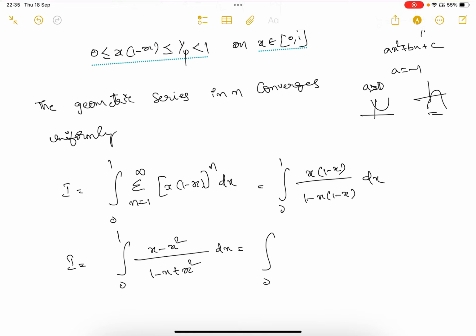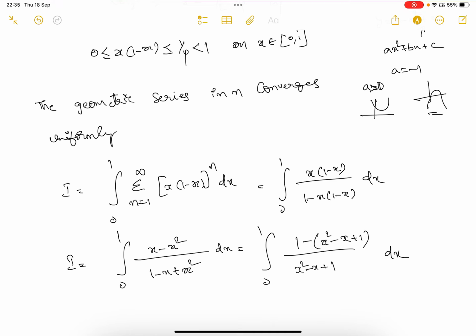This can be written as integral 0 to 1. The denominator part is x square minus x plus 1. So let's try to write the numerator in this form, which is minus of x square minus x, if you are adding plus 1 here, which is minus into plus 1, minus 1, you need to add 1 here to compensate.